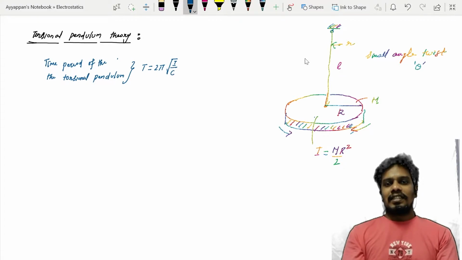So this is the time period of oscillation. This time period of oscillation we can measure.